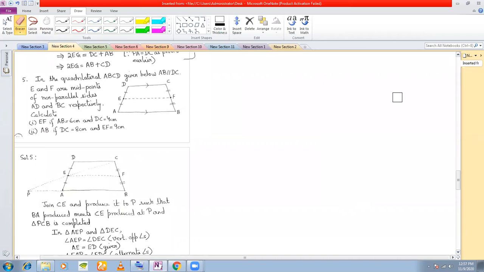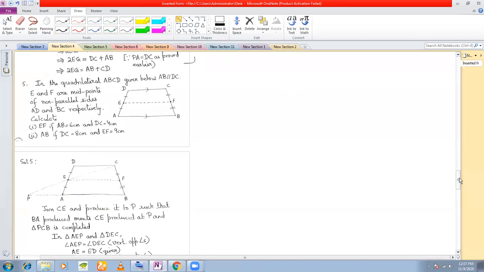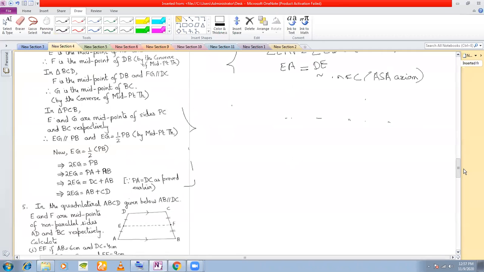You need to calculate EF given the lengths of AB and DC. Also AB given DC and EF. So this is also a very, very similar problem to the one that we did just now.